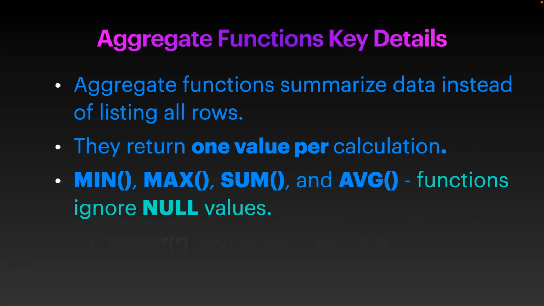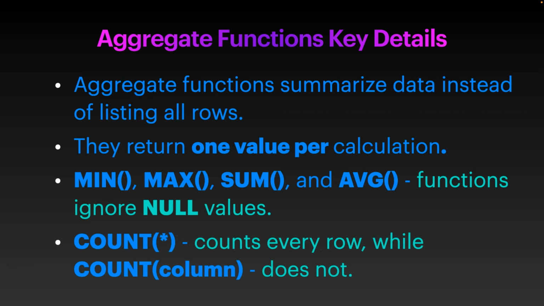This is very important. And what we also see is that the count asterisk, or count all, counts every row, while the count column name does not. We can take this a step further by combining the aggregate functions with the group by and the having SQL keywords to summarize data by categories like grade level and course. Let's take a look at some examples now.